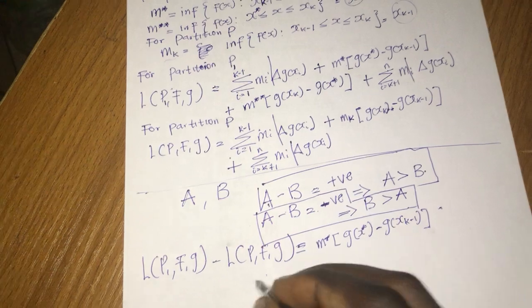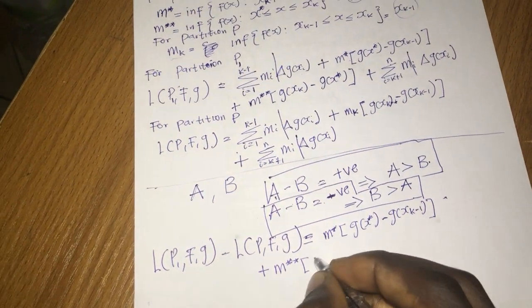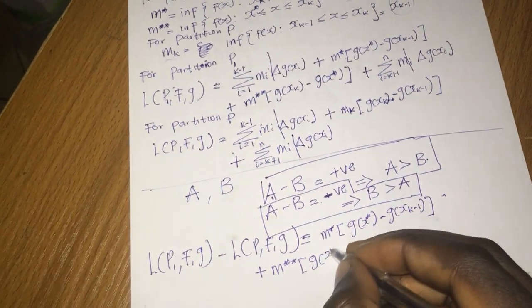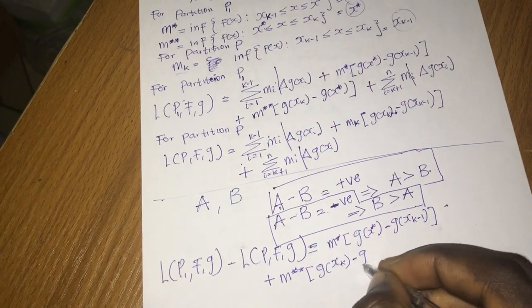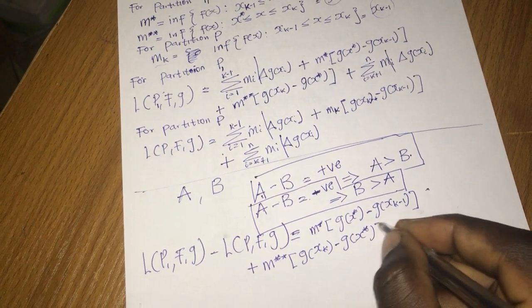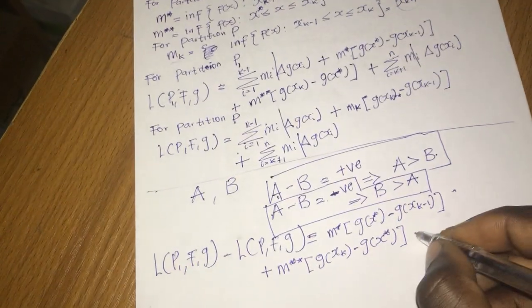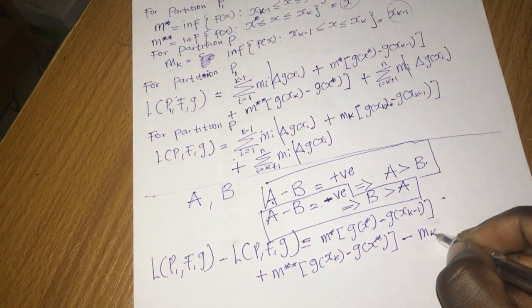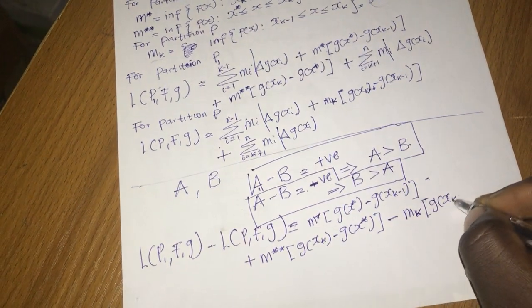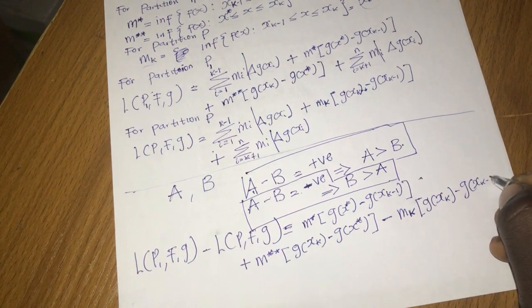Plus, let me have it here, plus m star star, abi? m star star, g of sk minus g of x star. Are we? Now when we come here, it is minus this. So we have minus mk times g of sk minus g of sk minus 1.